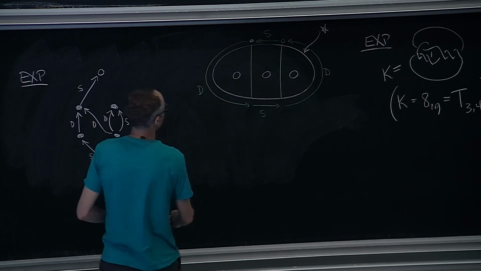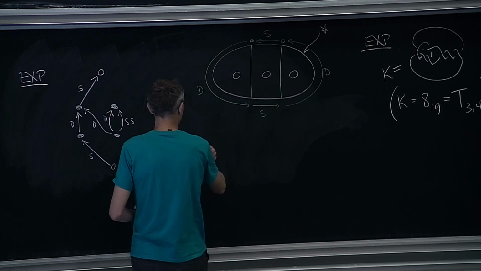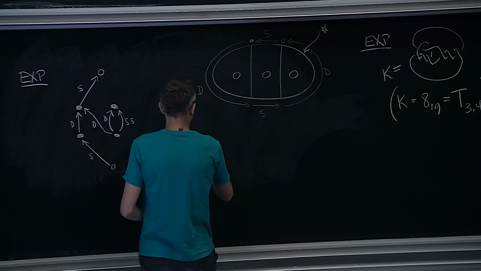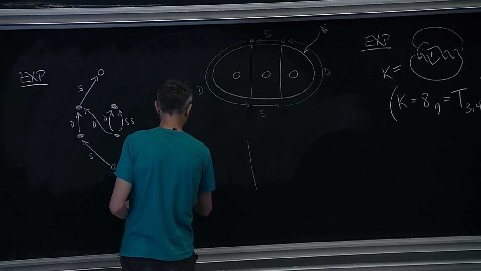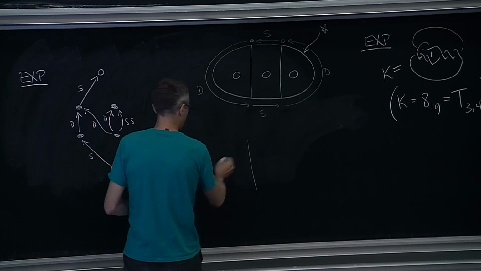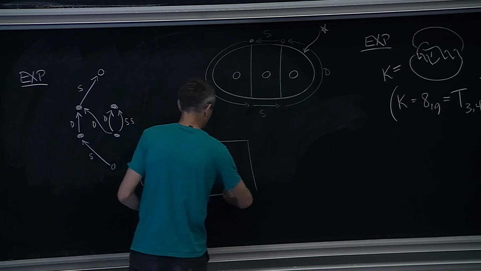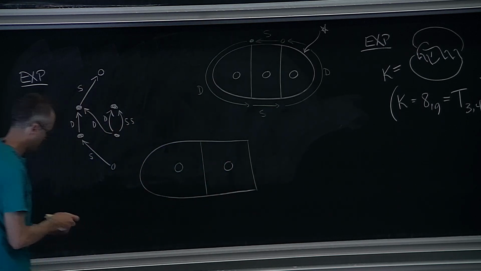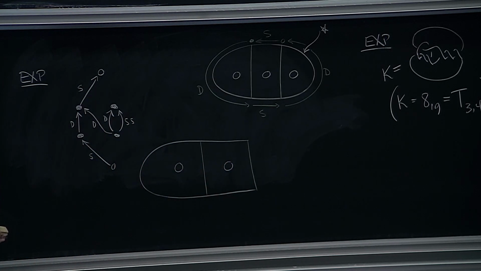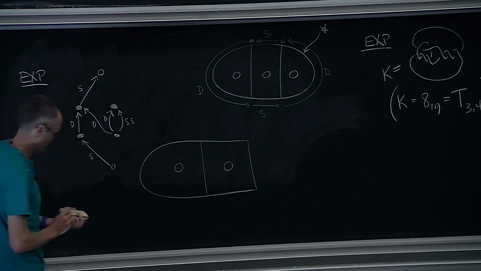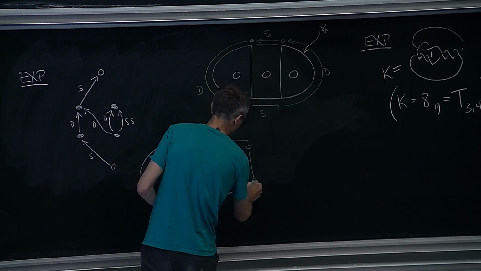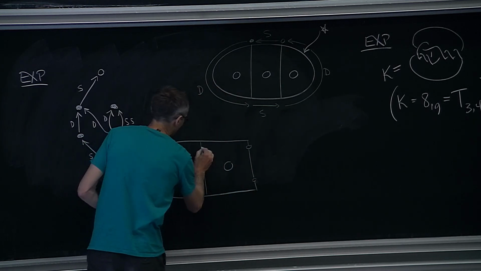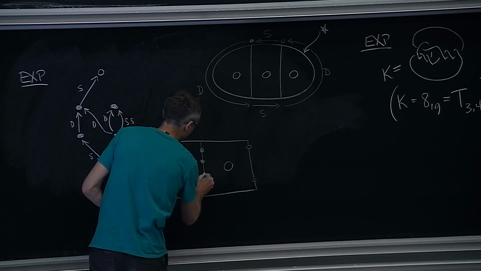So maybe I don't need all of this yet, but this part of the type D structure as a curve, let me put it in blue. There's a pair of idempotents, the open sort, and then there's 4 of these closed idempotents here.